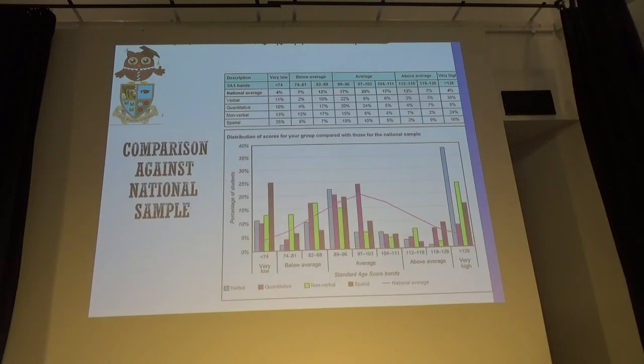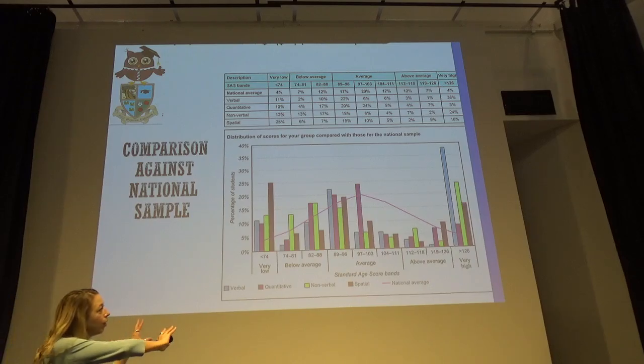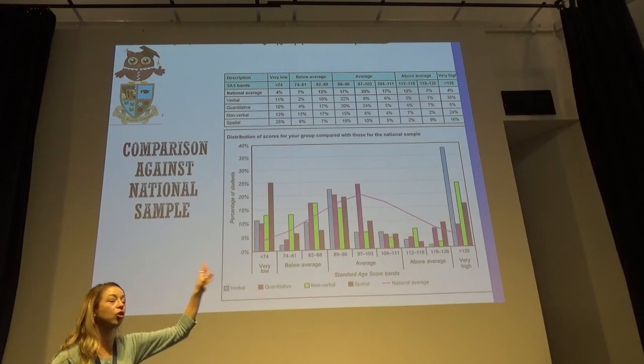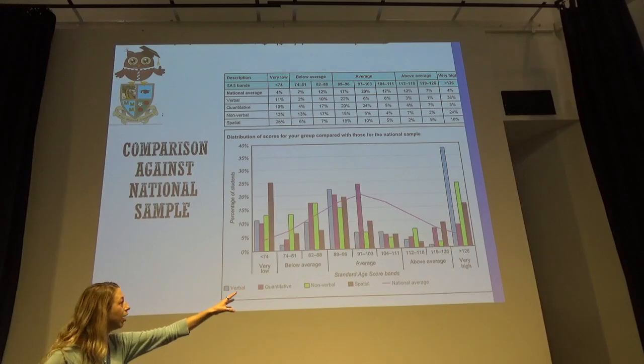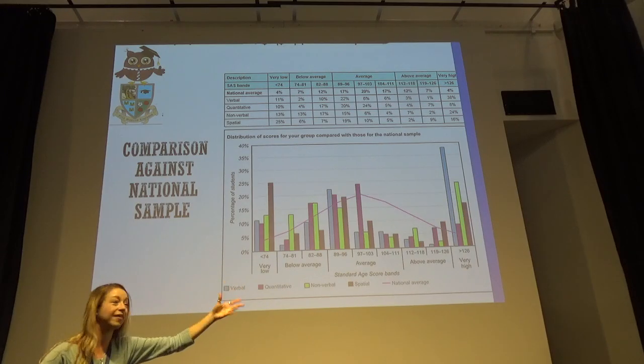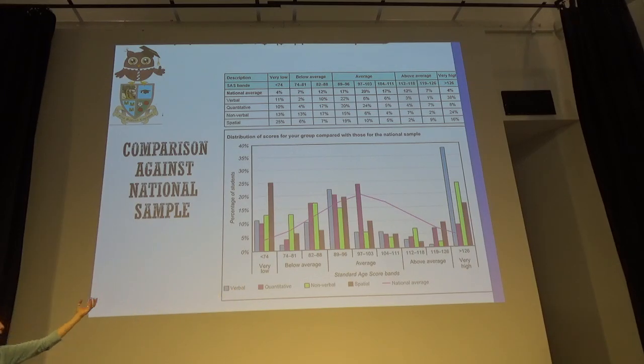It tells us in our cohort, in our year group, what our children are like compared to children nationally, and it tells us, like in this example, that there are some children who are extremely high in different areas of ability, and then there's quite a solid group who are extremely low in certain areas of ability.